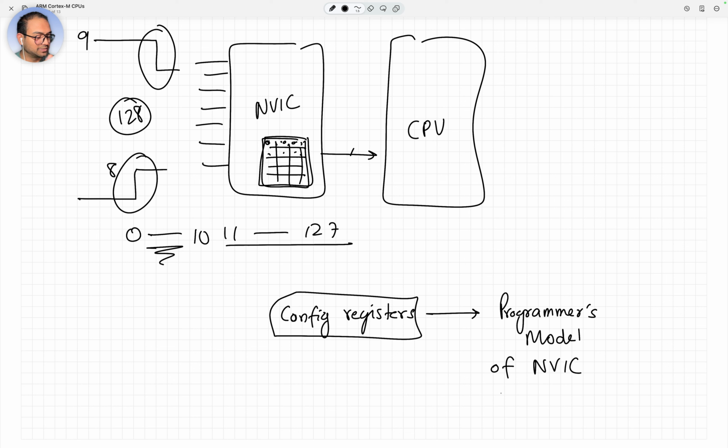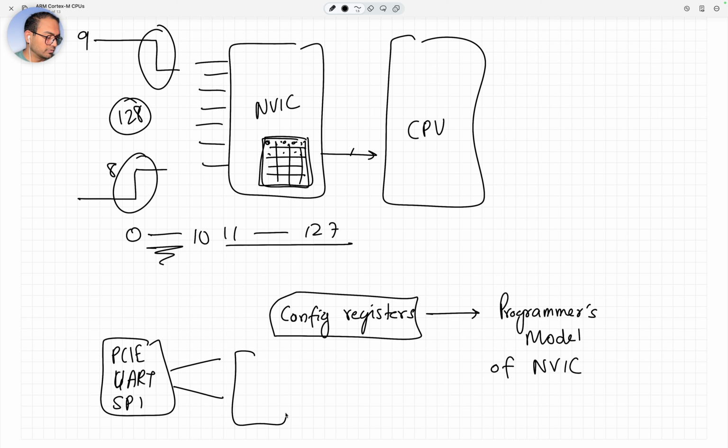What happens is any hardware, whether it's UART, whether it's SPI, PCIe, whatever, any hardware will be presented to the programmer as a bunch of registers. And if you write those registers, certain settings are configured.